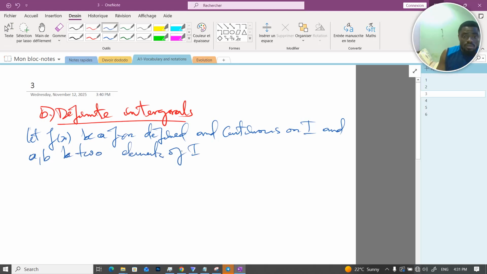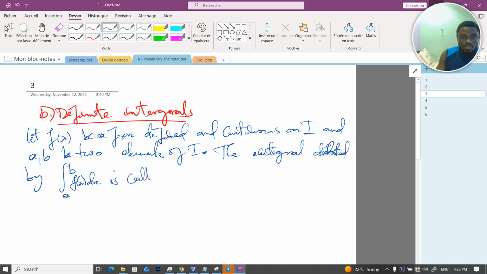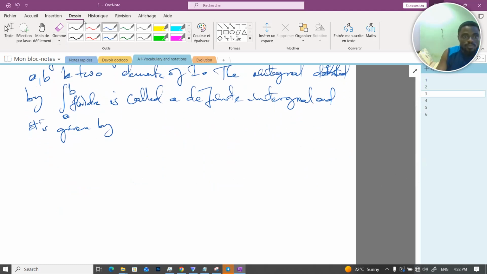The integral denoted by the integral from a to b of f of x dx is called a definite integral, and it is given by, je prends le stylo rouge.